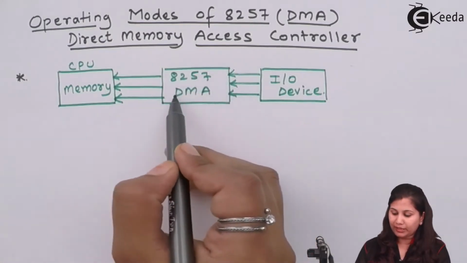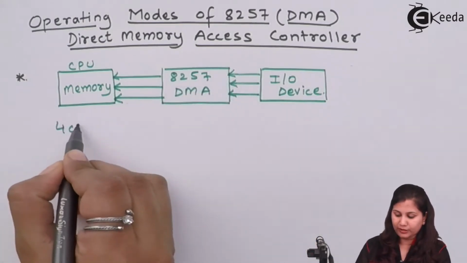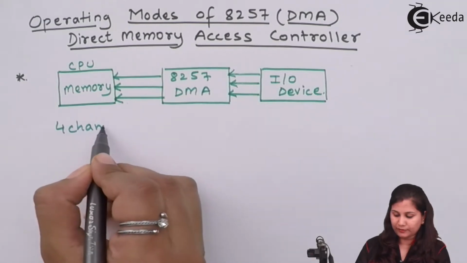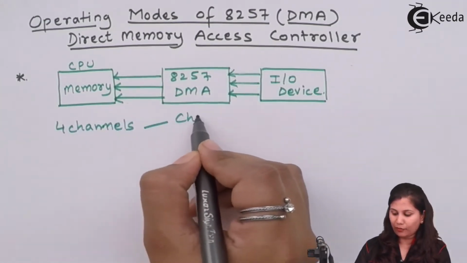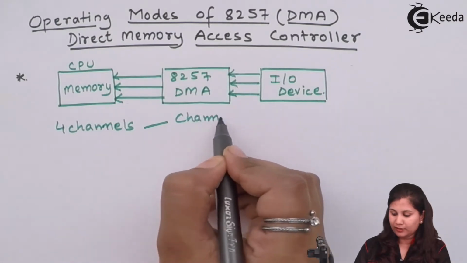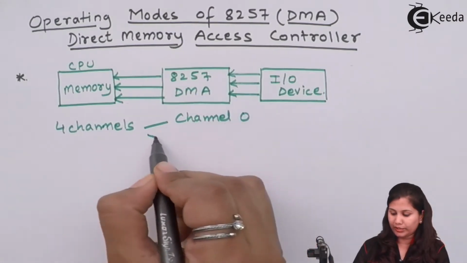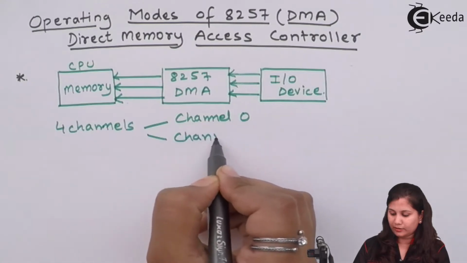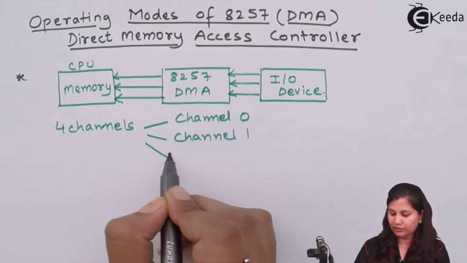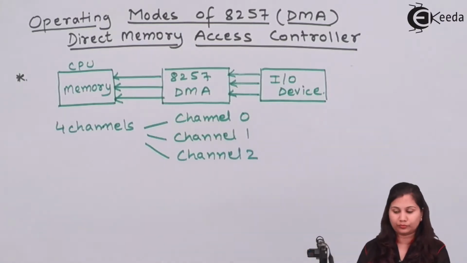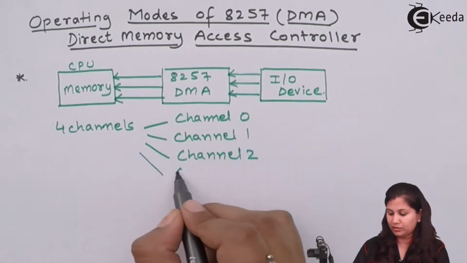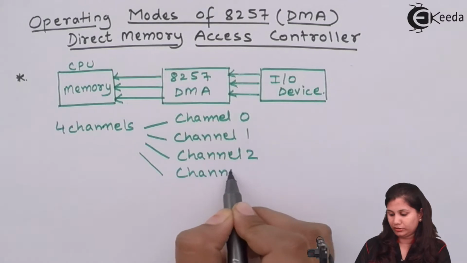So this DMA has 4 channels for this connection, and these channels are channel 0, channel 1, channel 2 and channel 3.